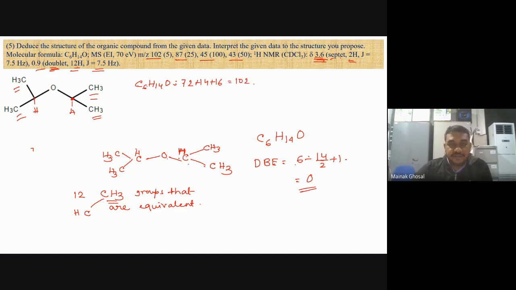Now you see 87. Sorry, 87, not 85. It's only possible if you lose one methyl group. You lose one methyl group, you will be left with 87. So this fragmentation will produce this, where the methyl will be lost.